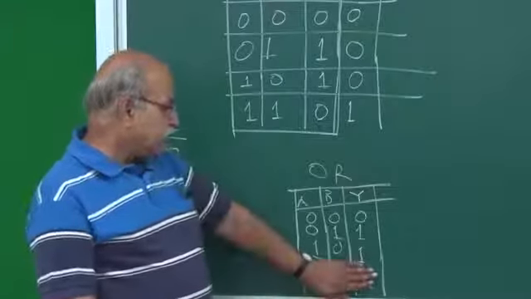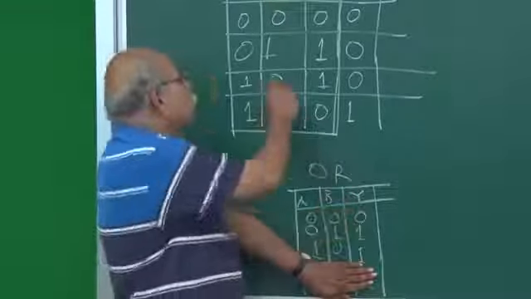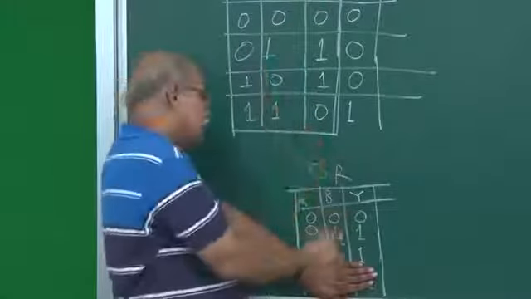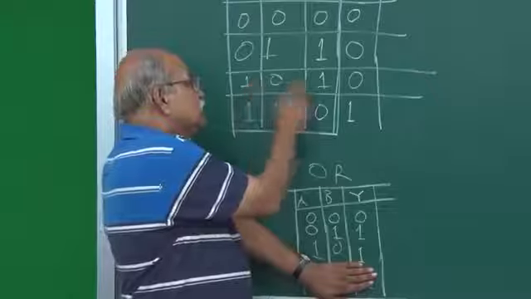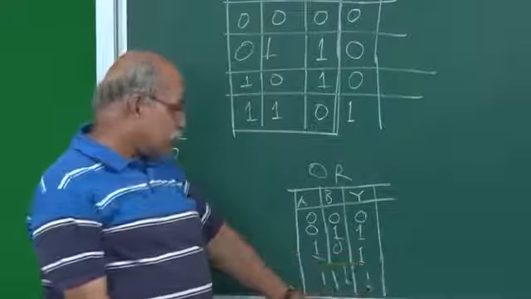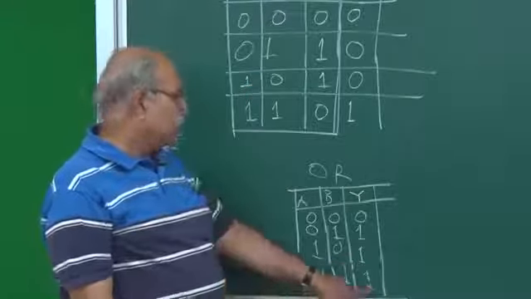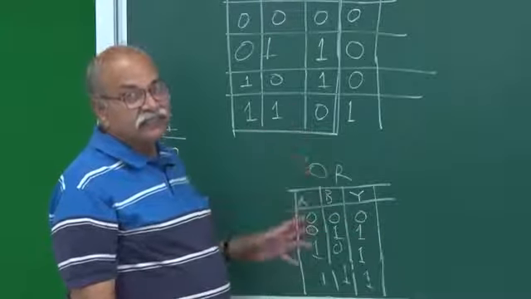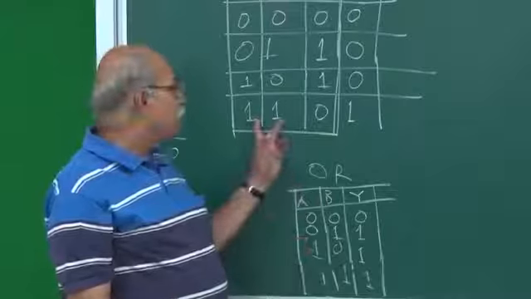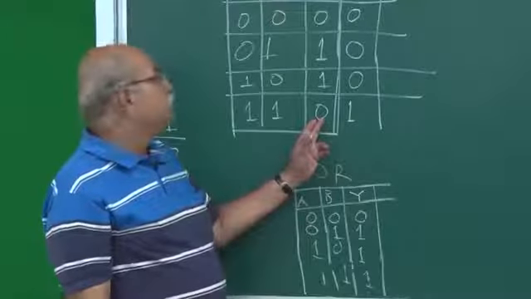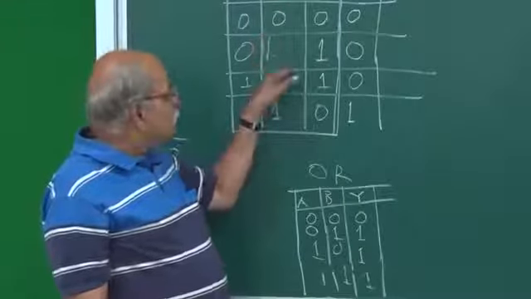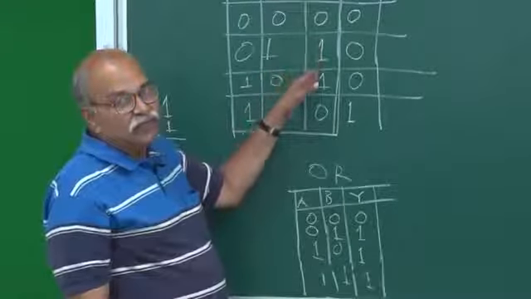So, up to here if you compare, 0 0 is 0, 0 1 is 1, 1 0 is 1. But then the last line, here 1 1 is 1, here 1 1 is 0, that is a difference. So, if both of them are 1, then it becomes 0. If both of them are 0, then anyway it is 0. If one is 0, one is 1, then you have the output as 1.